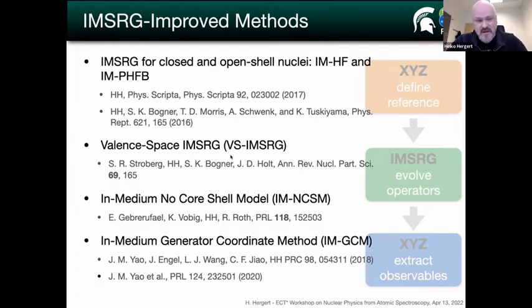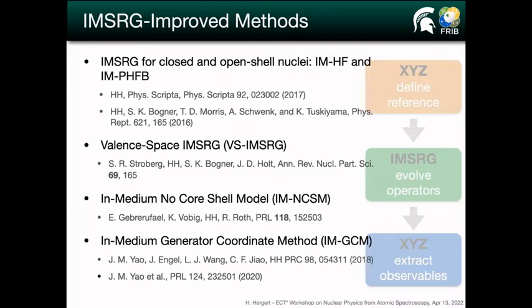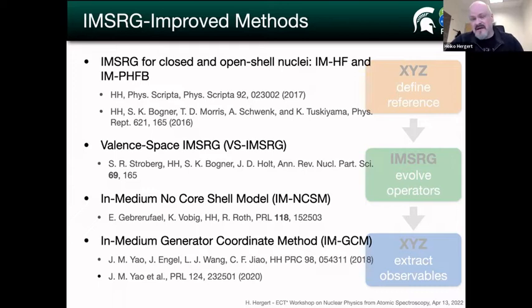You heard in the morning about the valence-space IMSRG, where IMSRG transformations are used to derive shell model interactions, and you're performing valence CI. There's a full CI version of this, the in-medium no-core shell model that we developed in 2017 already. And the method that I'll mostly be talking about today is the in-medium generator coordinate method, which is really appealing because it tries to combine two types of expansions, namely the particle-hole-like and the geometric picture that you have in the GCM.